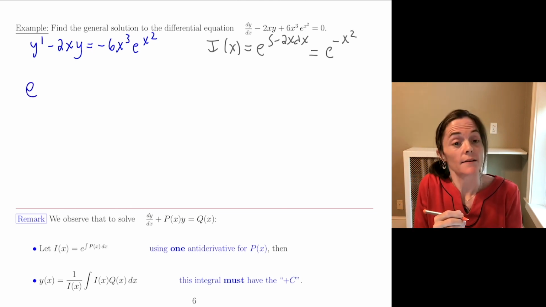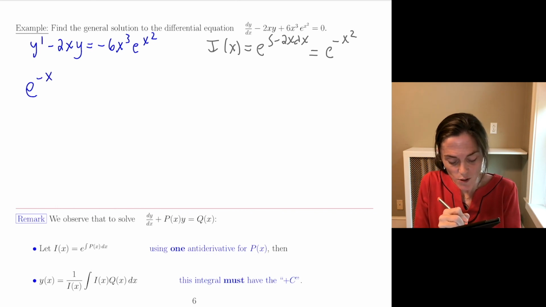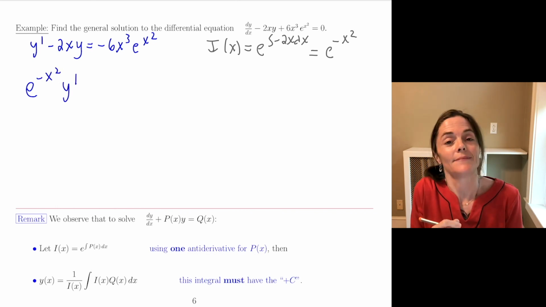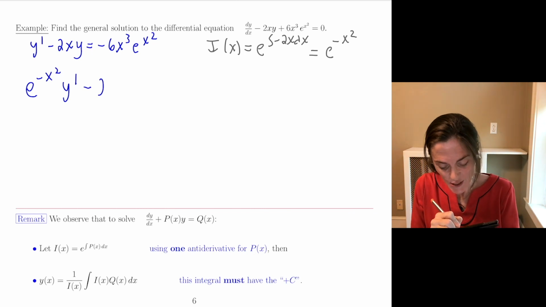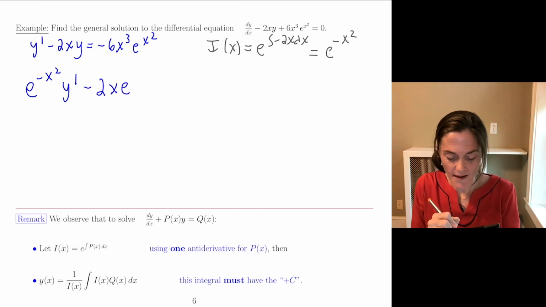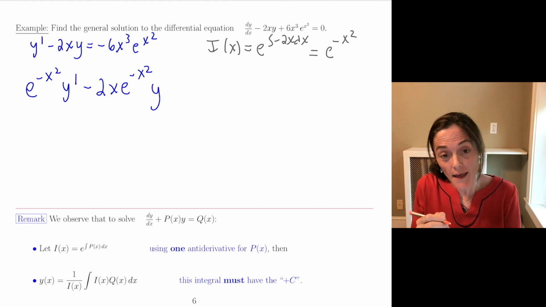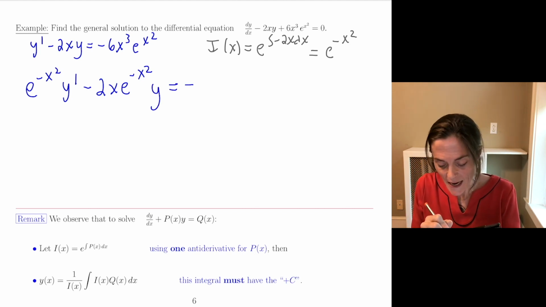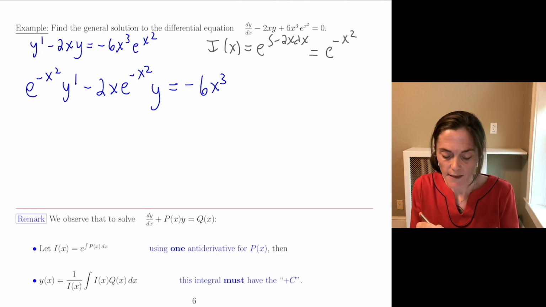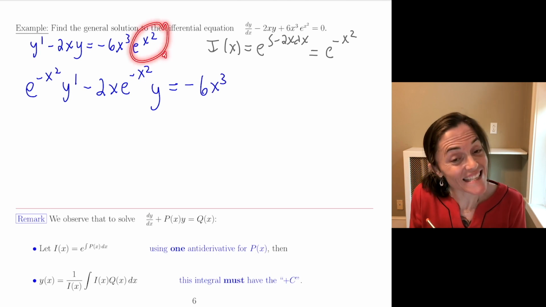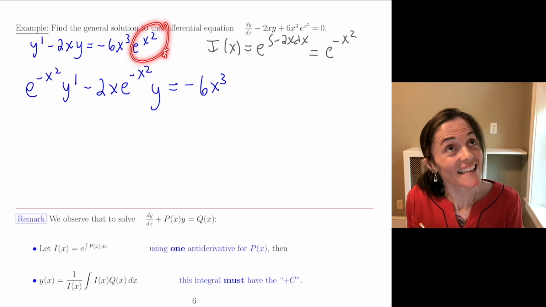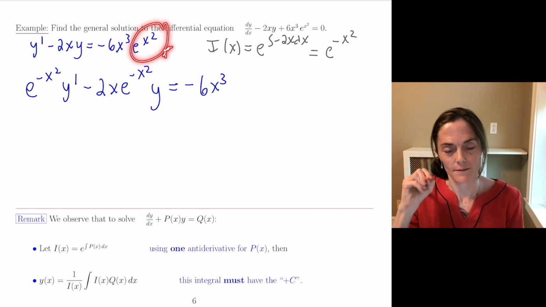We have e to the negative x squared y prime minus 2x e to the minus x squared y. And then this will equal, you see it's minus 6x cubed. Because when you take e to the minus x squared, multiply by e to the x squared, we have 1.